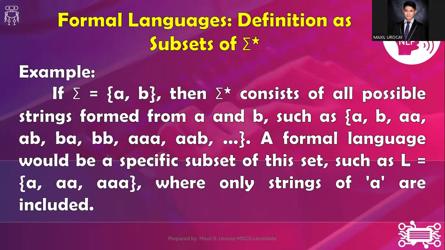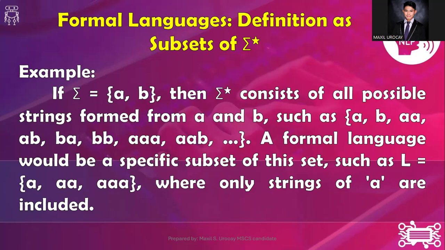Okay, example. If sigma equals the alphabet of a and b, then sigma asterisk consists of all possible strings formed from a and b, such as a, b, or the combinations rather.